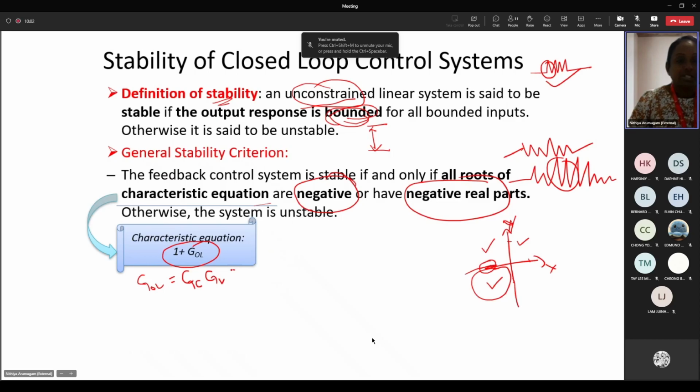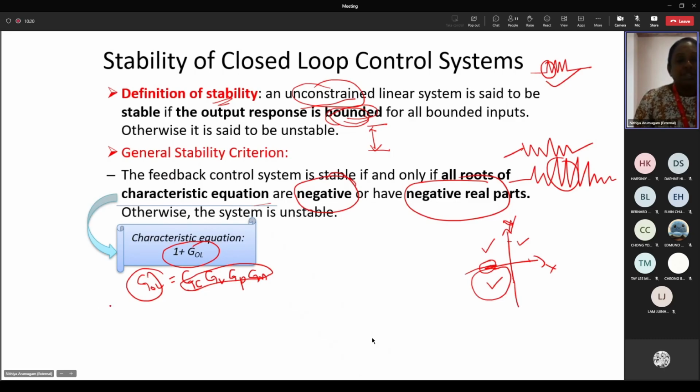From the system we will break all the loops and then make it a linear function, right? So here the GOL is a function of the controller, valve, process, and also the transmitter.